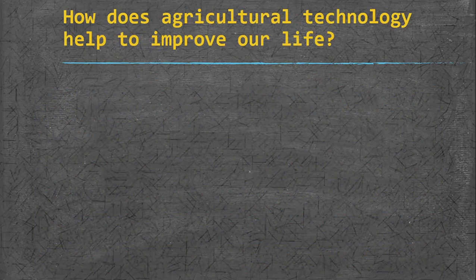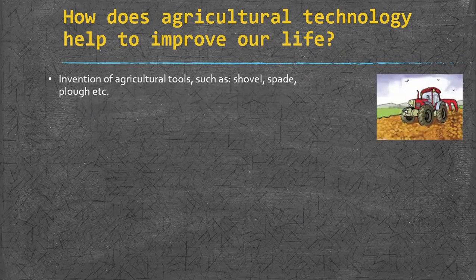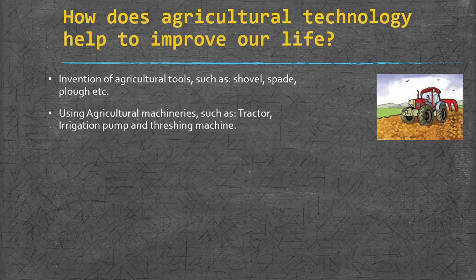Now we will see the uses of technology in our agricultural aspects. After the invention of different agricultural tools such as the shovel, spade and plough, the process of agriculture has become easier.